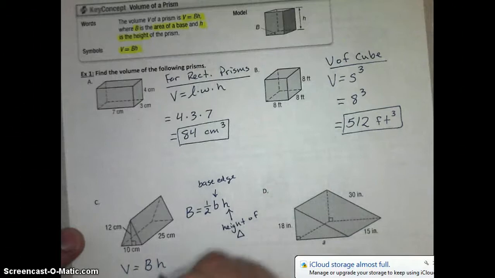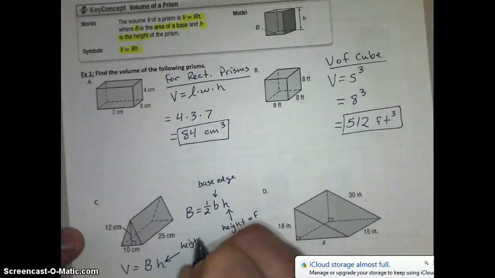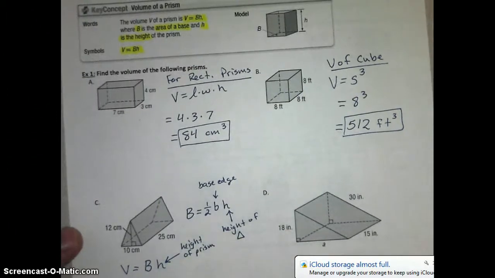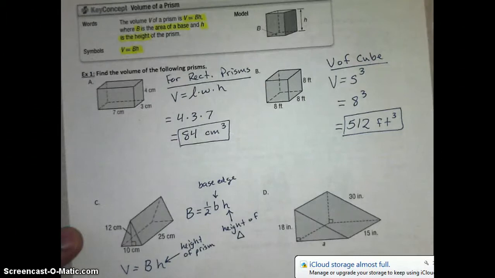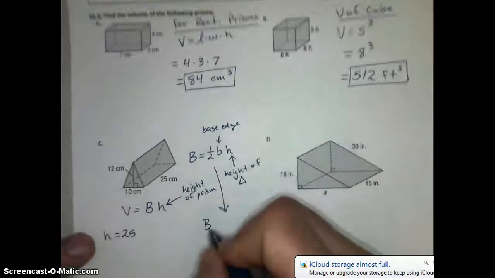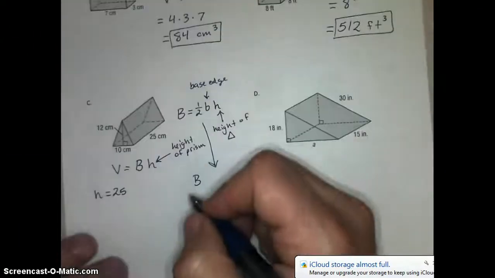This h is the height of the prism. These are going to be different numbers. This h is 25, this h is 12. So our base area, let me move where you can see the rest of my writing, I'm sorry.